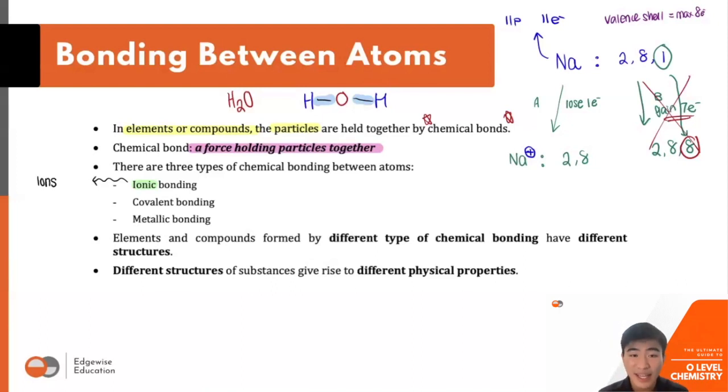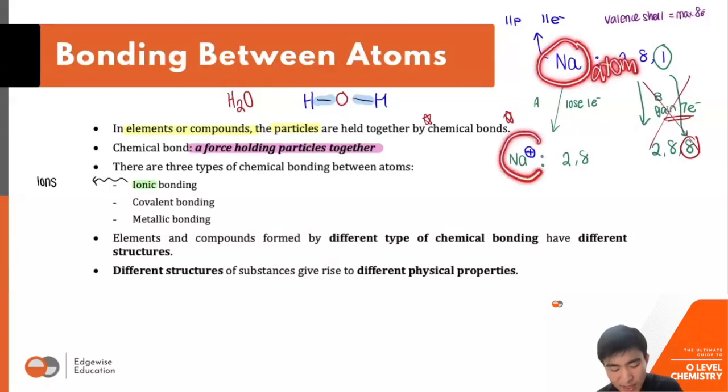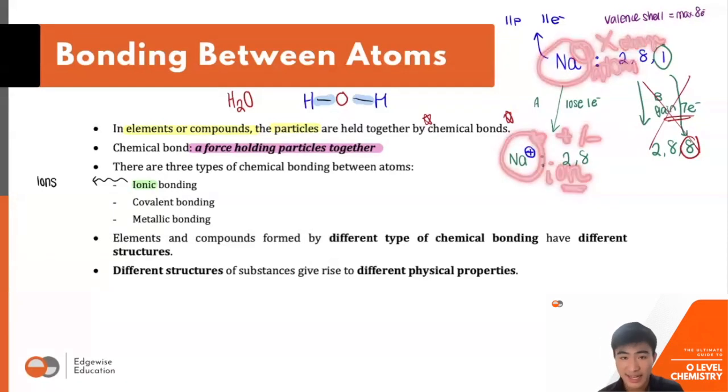Now, what are ions? Remember, ion and atom are different. Just now we said this one over here is a sodium atom, while this one over here is a sodium ion, right? What is the difference? The atom has no charge, whilst the ion has a positive or a negative charge.